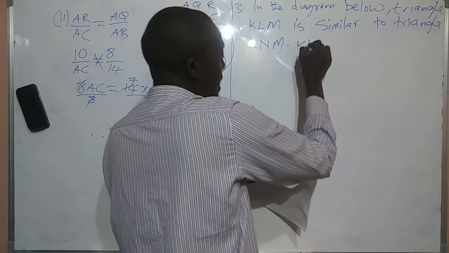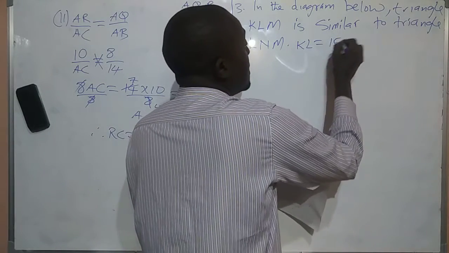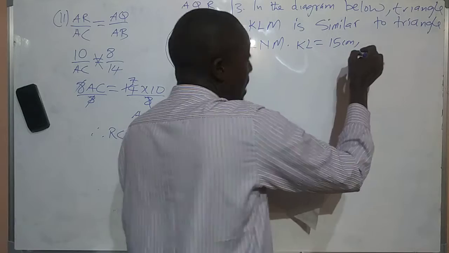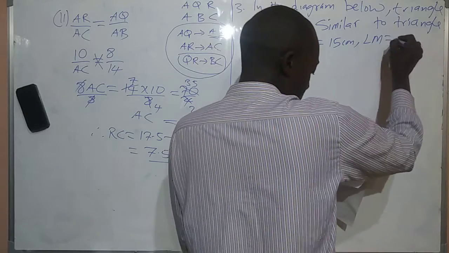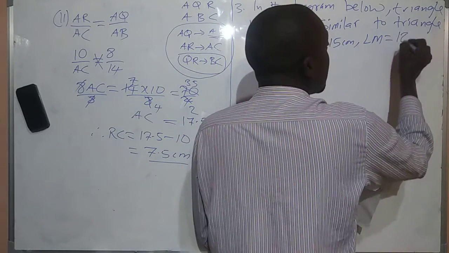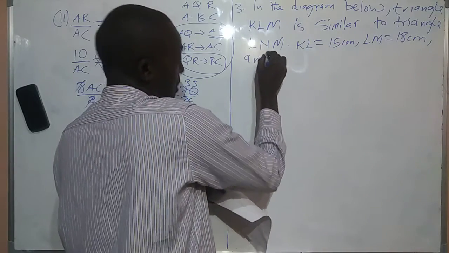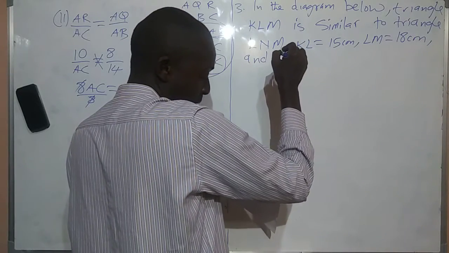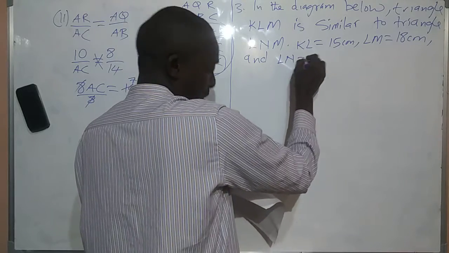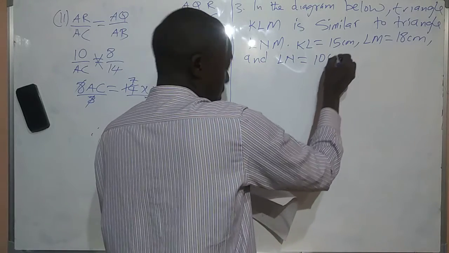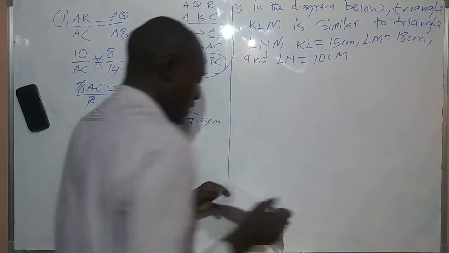KL is equal to 15 centimeters. LM is equal to 18 centimeters. And LN is equal to 10 centimeters. So that's what we have.